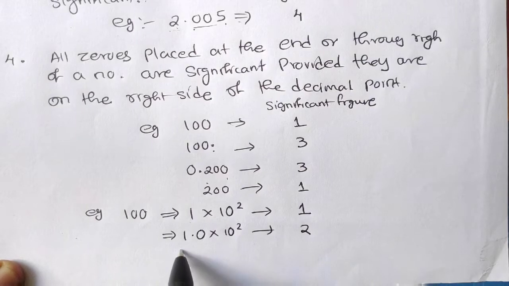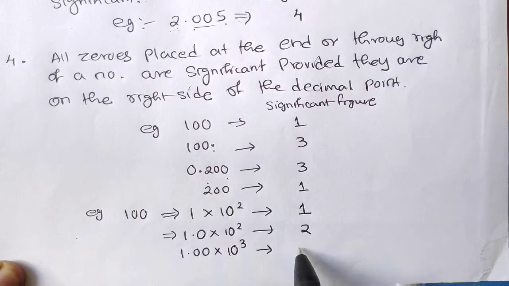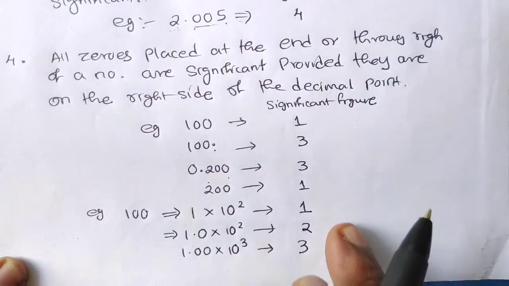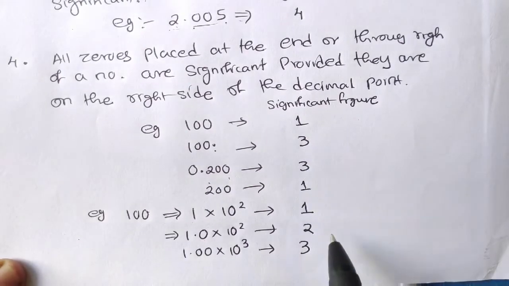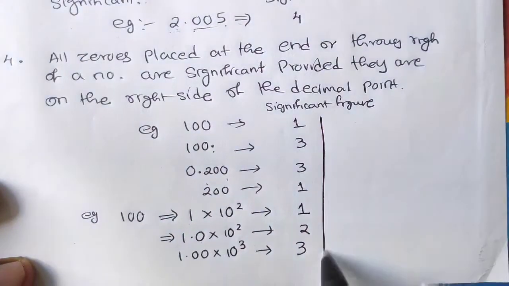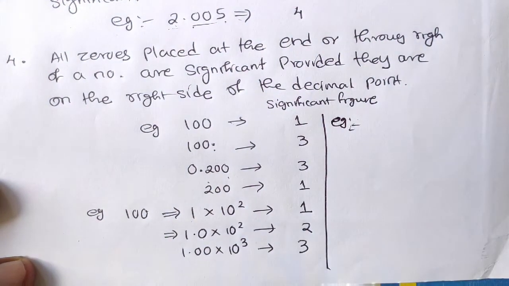If I write 1.00 into 10 raised to 3, then the significant figures will be 3. Understood? This is the thing you have to remember. It is a little bit tricky but easy. A few more examples I will show so that this whole part will be clear to you. You have to write all these examples in your fair book also.